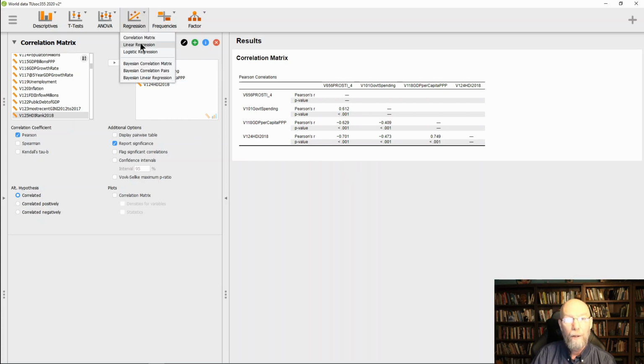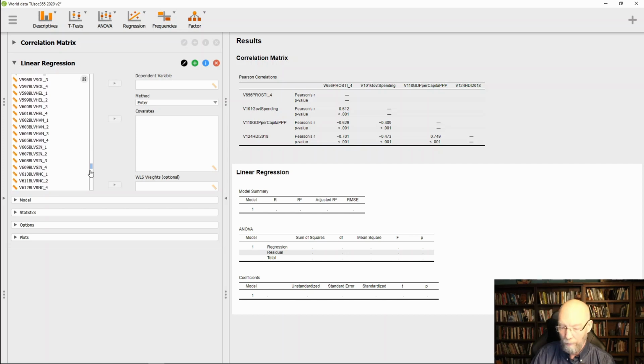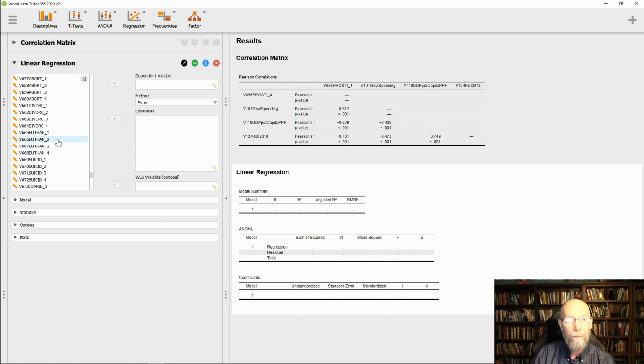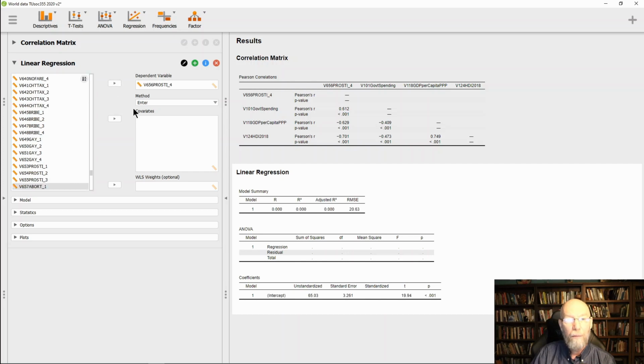Now, what we want to do is we want to then go ahead and do linear regression. And again, we want to choose the dependent variable as 656. We're going to use the same enter method that was talked about in the previous video for bivariate regression. It's the most commonly used version of OLS regression.